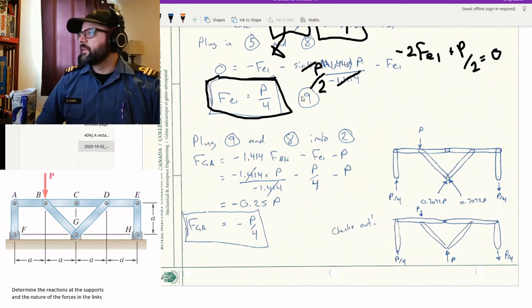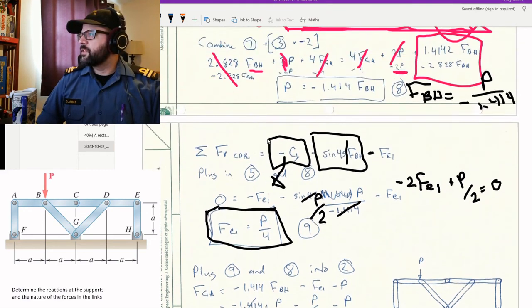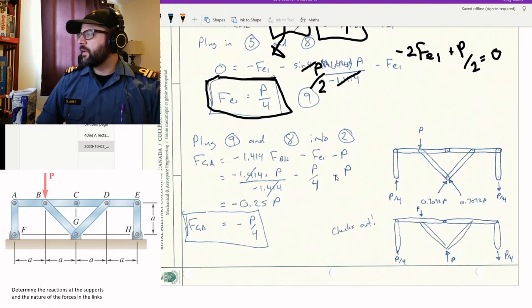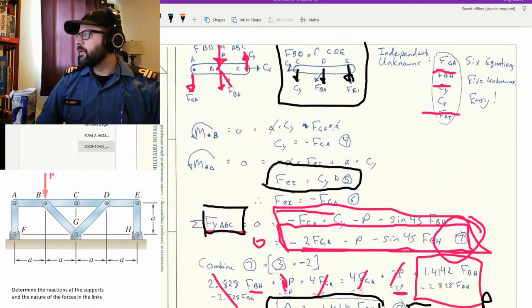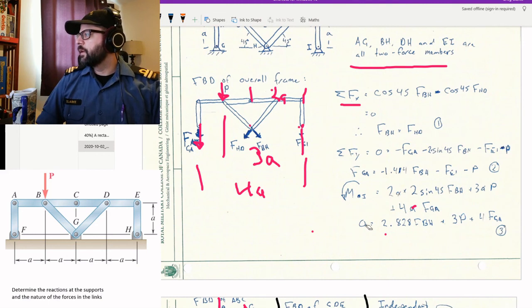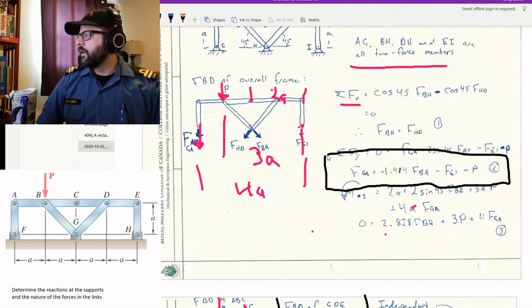And then we can take that relationship and this relationship here, and plug them into one of the first ones that we had solved for. So equation 2 here. That was just the sum of the forces in the y direction on the frame itself.